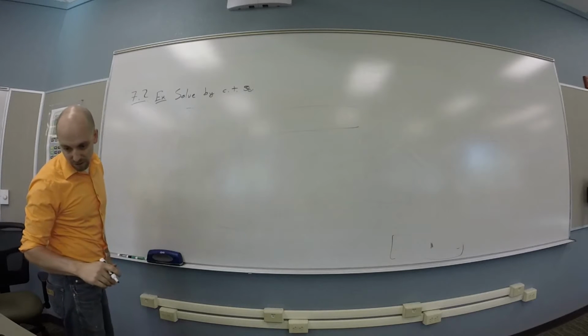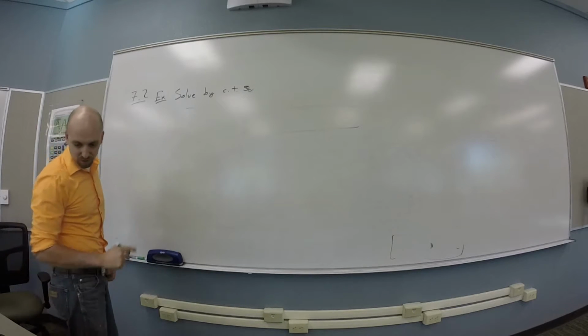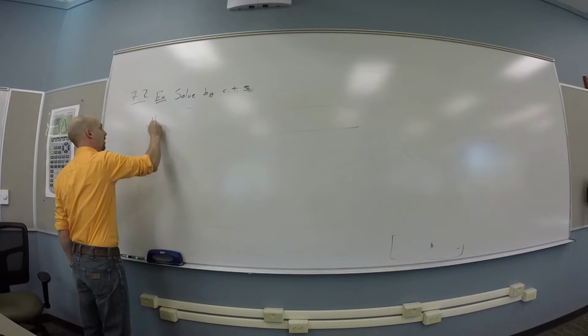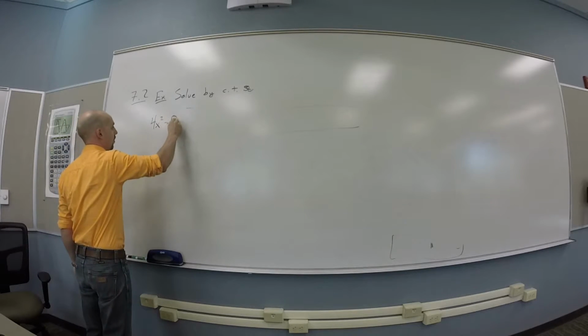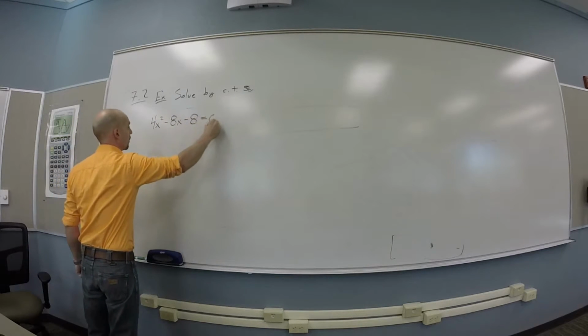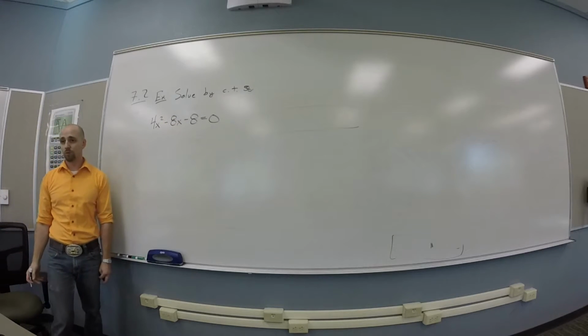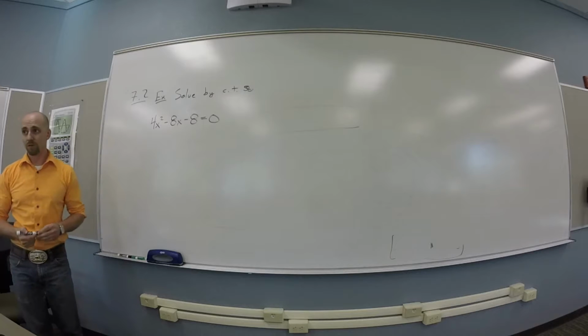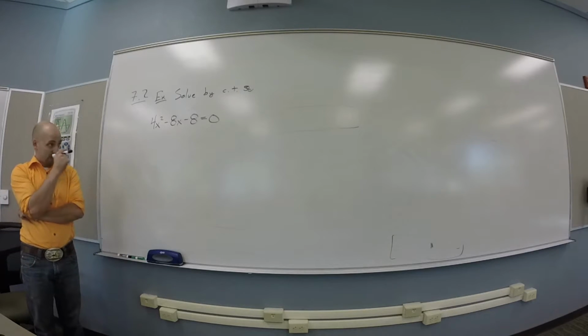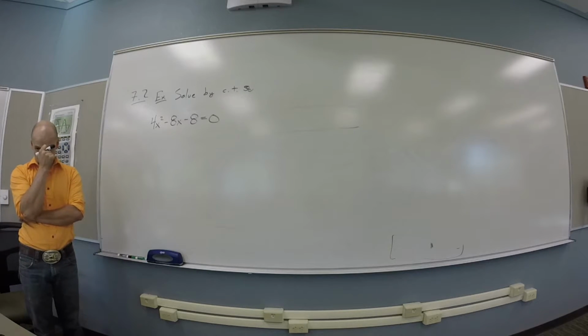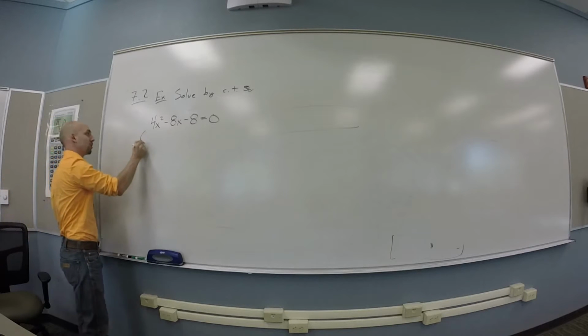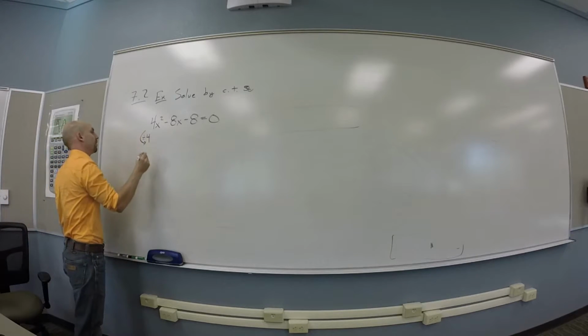How's this for an example? Here's an example where the A coefficient wasn't 1. So what do I do with this? First things first, we have to get it to 1. So we divide by 4.